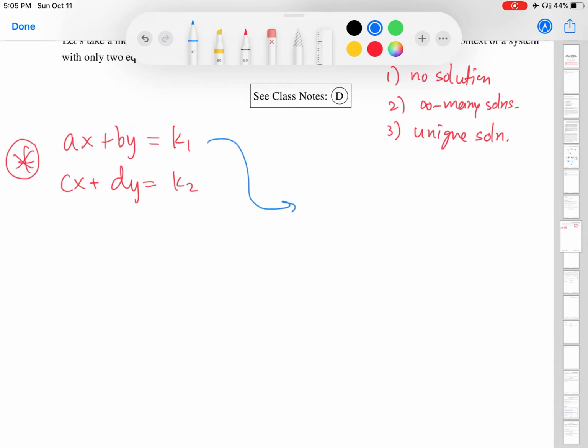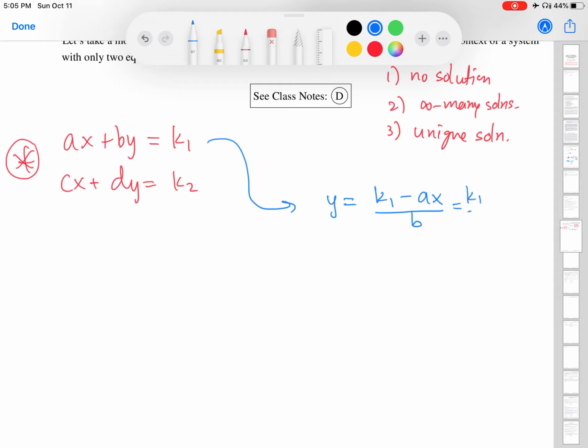So the first equation here, I'm going to solve for y. I'll do this first and then I'll come back. So if I write this out, I will move to the right-hand side the term ax, and then I will divide by b.